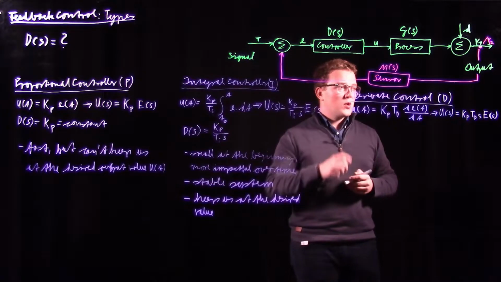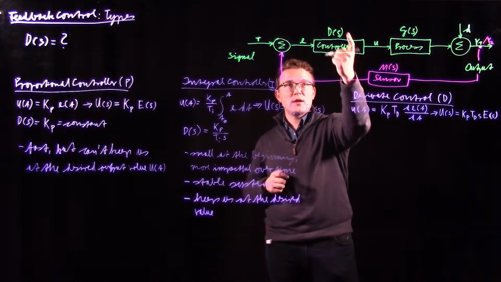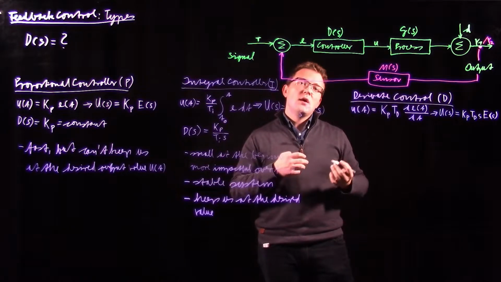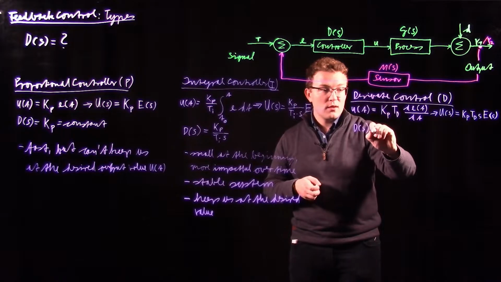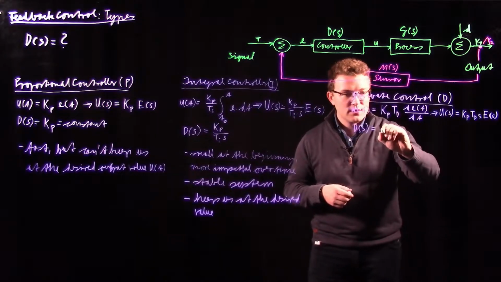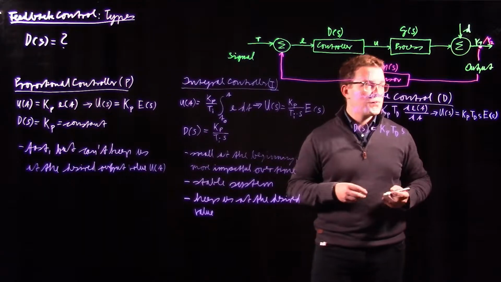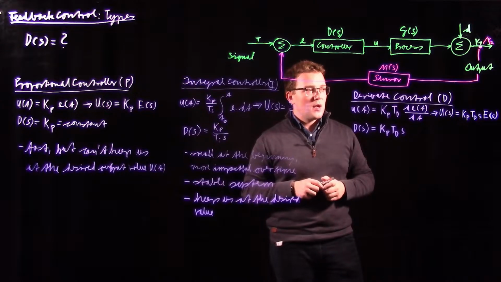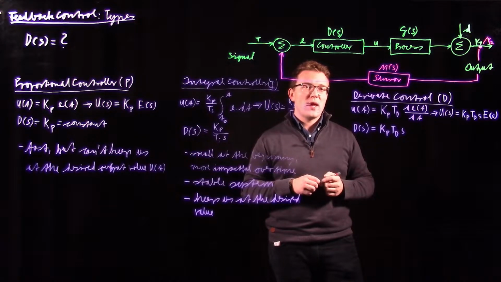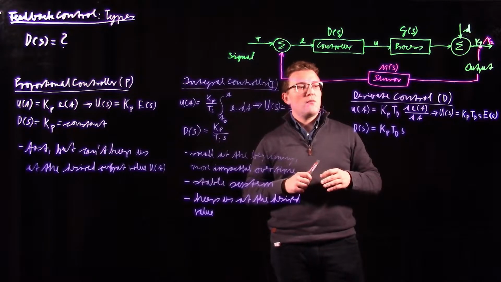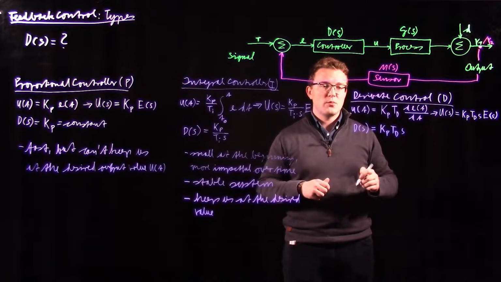So what can we learn when we look at this equation? We at first can learn that in this case our D from S, the transfer function of our controller, equals this part over here, so Kp times Td times S. And in general, you can see that this type of controller is very impactful when a sudden change happens, because then this derivative part of the equation becomes quite big.